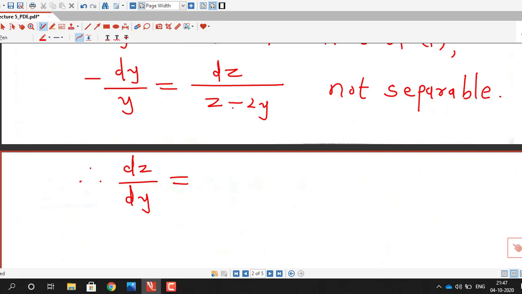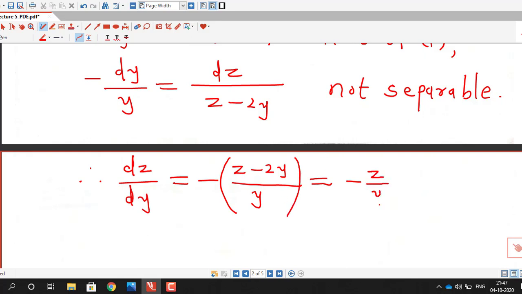I take dy on this side and this z minus 2y on the left hand side. So I rewrite this equation as dz by dy equal to z minus 2y divided by y, and this I can rewrite again as, if I multiply by a negative sign, minus z by y and plus 2 times y divided by y, that is 2.